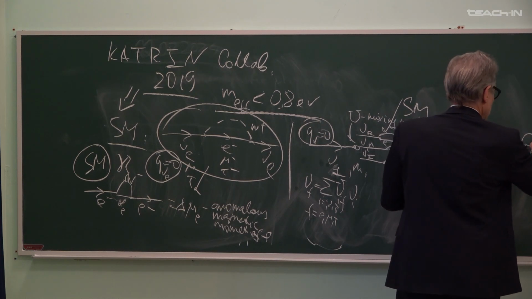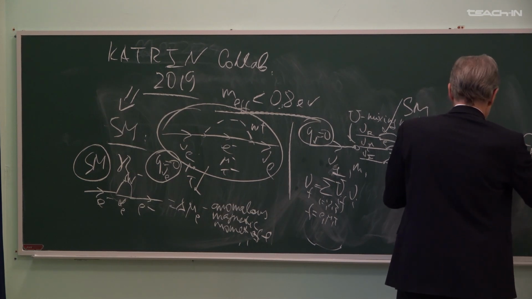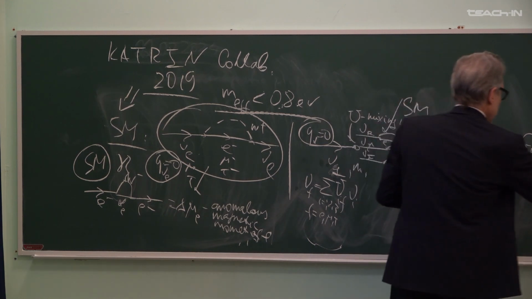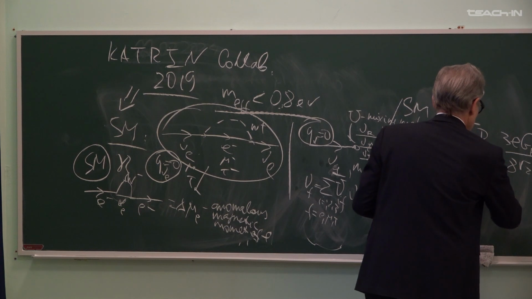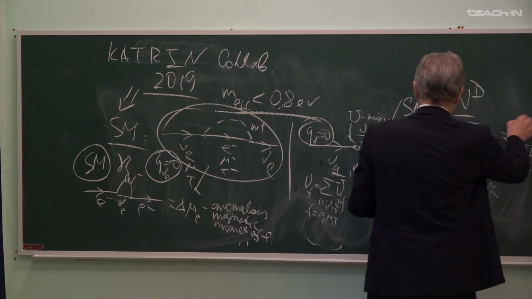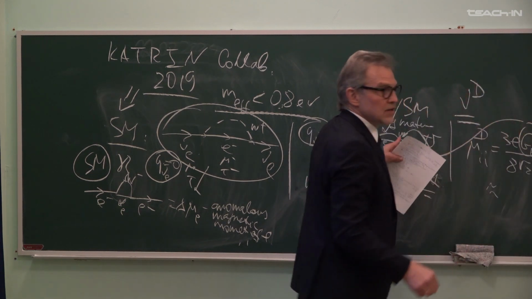This is the Fermi coupling, times the mass of the neutrino divided by 8 square root of 2 pi. Approximately, if you put in the numbers, this comes from the propagator of the W boson.